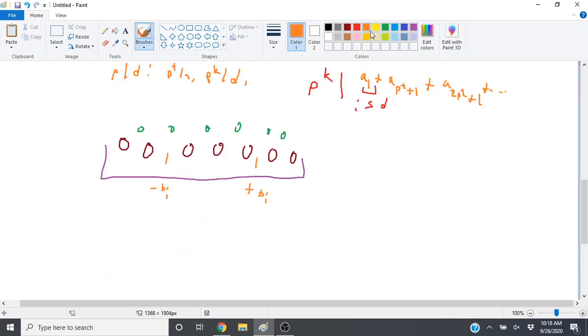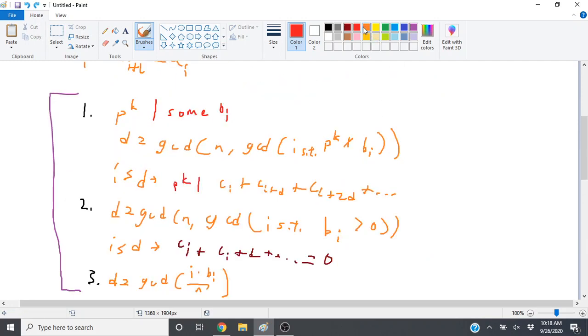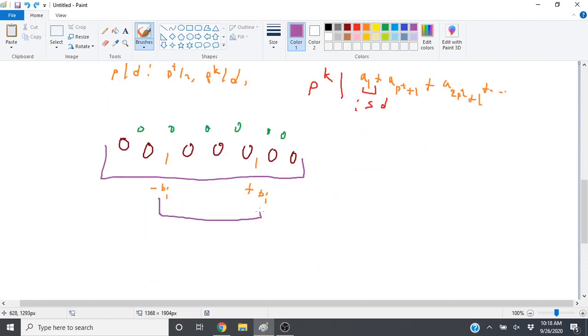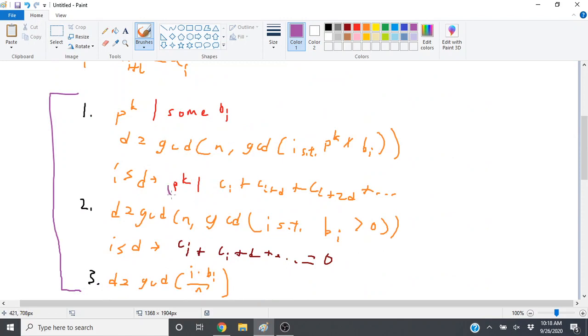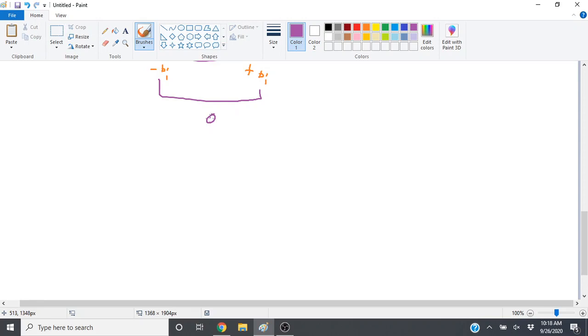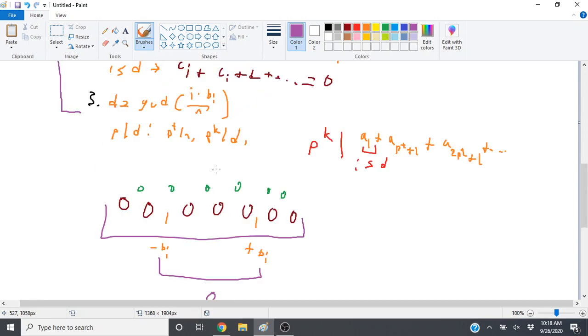Basically the idea here is either bi is divisible by p to the k already, or essentially, because of the way we define d, these two differences are actually going to be on the same one of these sums, which means that we both add and subtract the same value, so we end up with 0 change in total. So it won't affect the total sum.